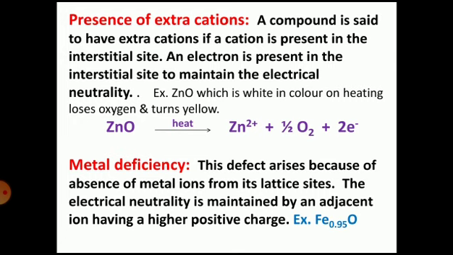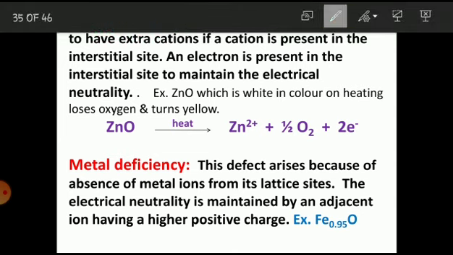The metal excess defect can also arise due to the presence of an extra cation. A compound is said to have an extra cation if a cation is present in the interstitial site, and an electron is present in the interstitial site to maintain electrical neutrality. This is very simple to understand.